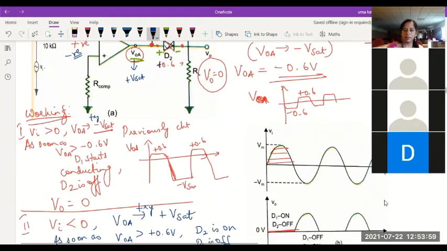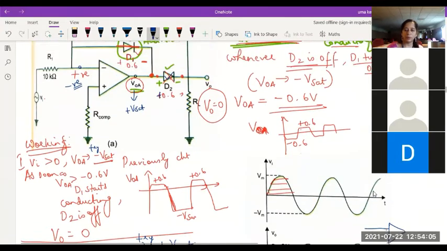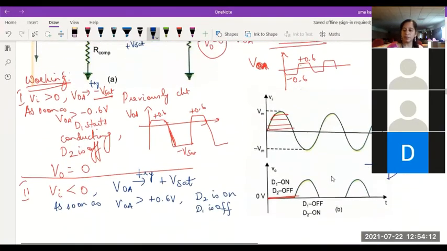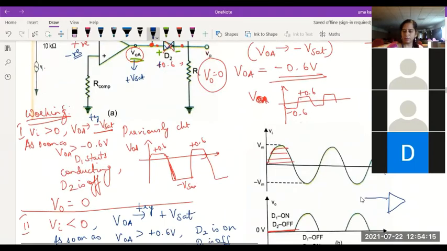It will look like I have an input signal here. You observe, you have the input signal given through a 10K resistor. Okay, I hope you are able to see here. Input given through a 10K resistor, and I have another 10K resistor here, and I have this diode D2 on.